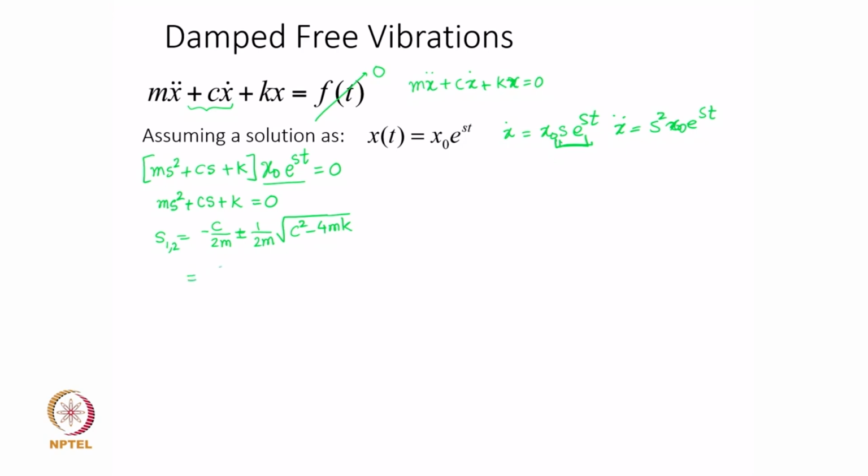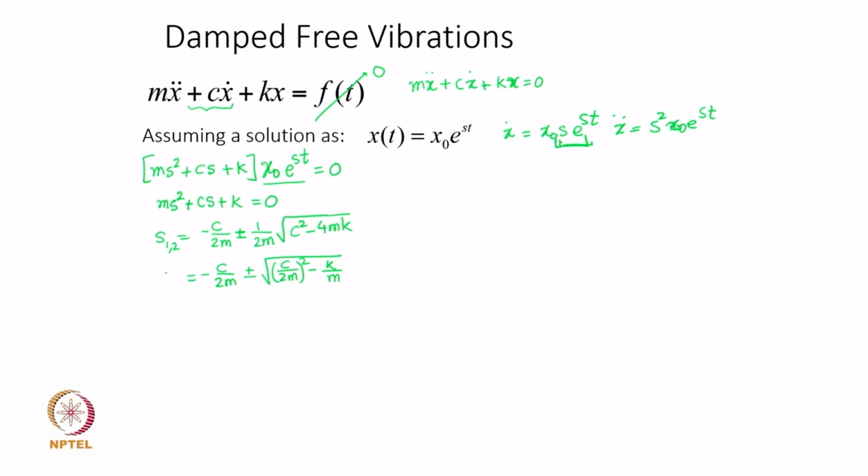I can write this in a simpler form. You can either use that k by m as omega n, but I would prefer to keep it like that right now.